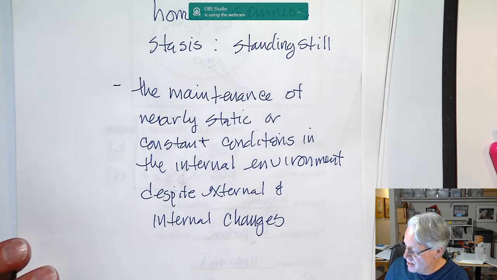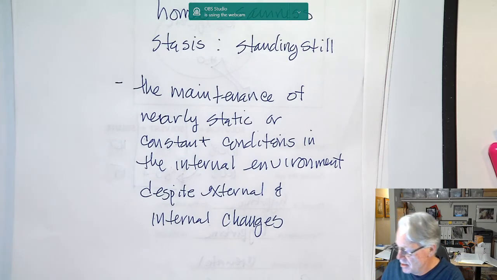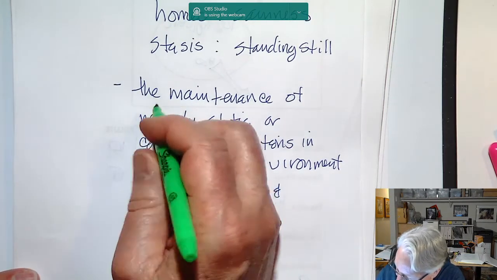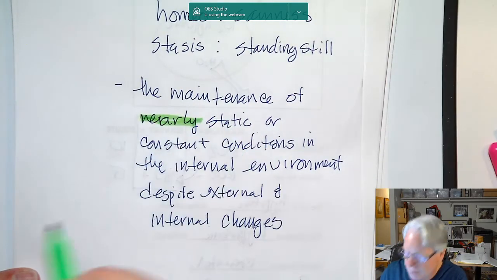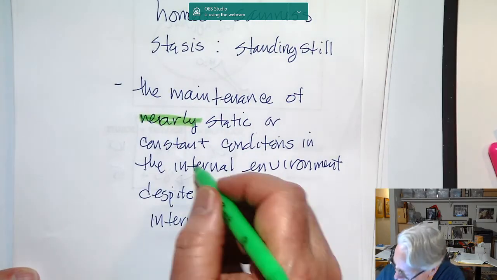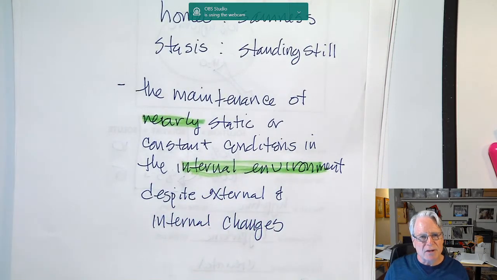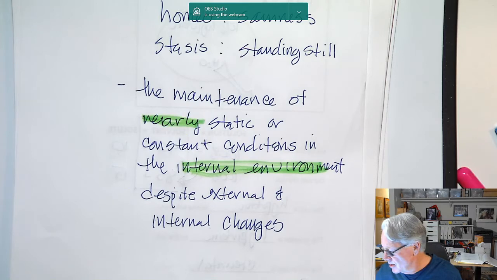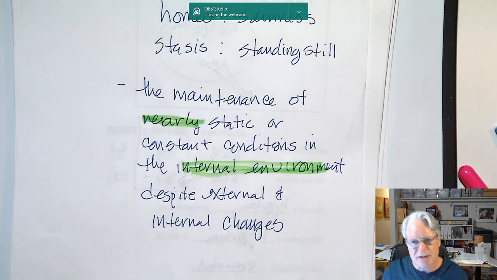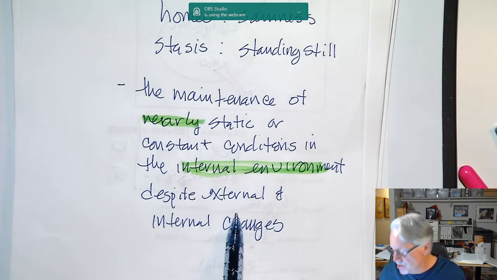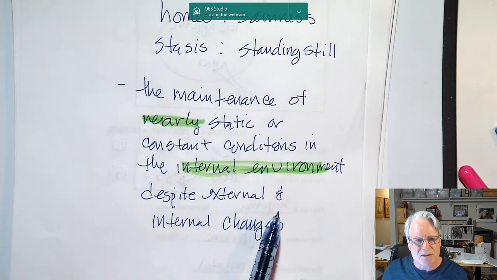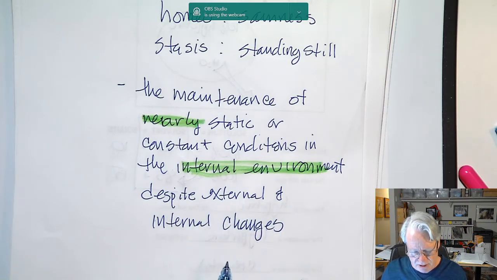The key thing that I want you to focus in on, the key words on this, is nearly and internal environment. Okay. So nearly, not constant, not right on the money, but nearly static or constant conditions in the internal environment, despite changes that are taking place either externally to your body or internally in your body. Okay?